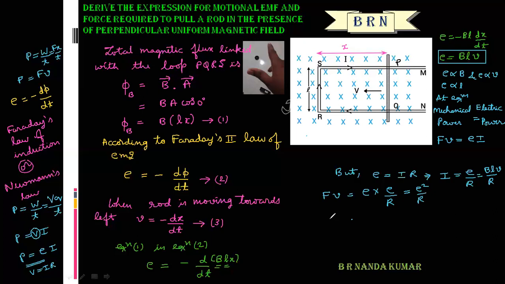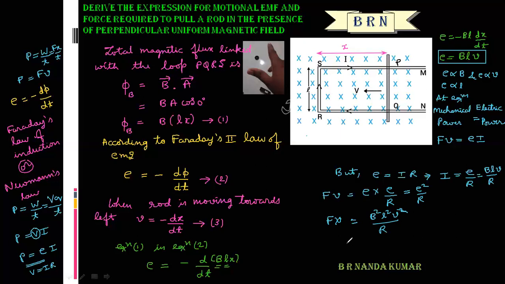So FV is equal to E square, which means BLV whole square, that is B square L square V square, divided by R. One V gets cancelled.